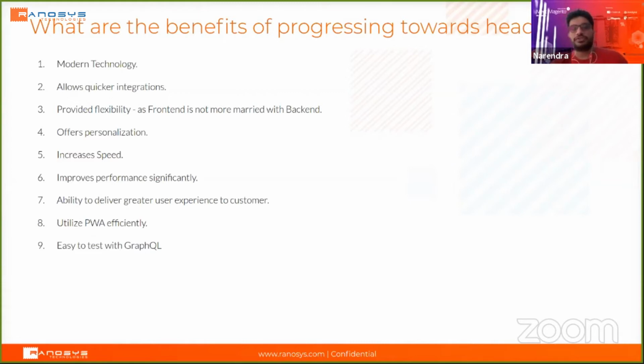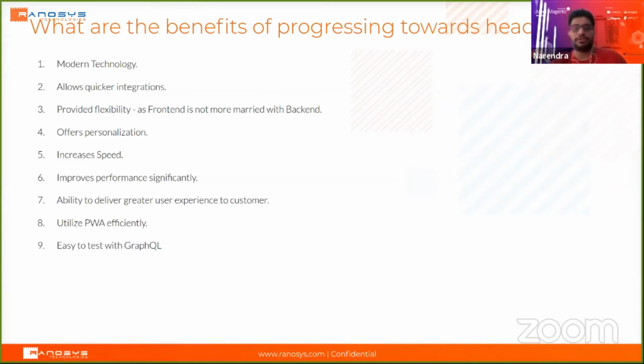So first of all, it uses various modern technologies, and then it allows quick integration. With quick integrations, I mean that if you are having a project and you want to do an omni-channel integration, in traditional Magento it becomes more complex, but it is somehow easier if you do it in headless, because it's just an API calling.